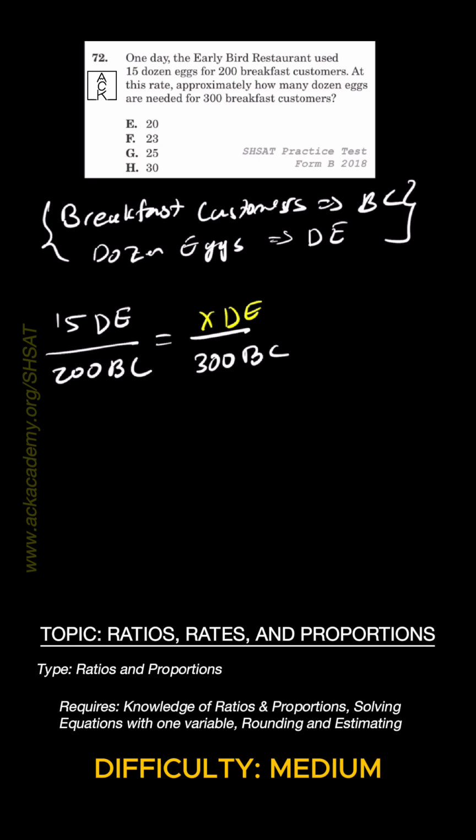Okay, so 15 dozen eggs multiplied by 300 breakfast customers is equal to X dozen eggs multiplied by 200 breakfast customers. Okay?